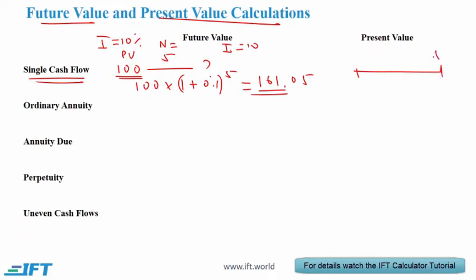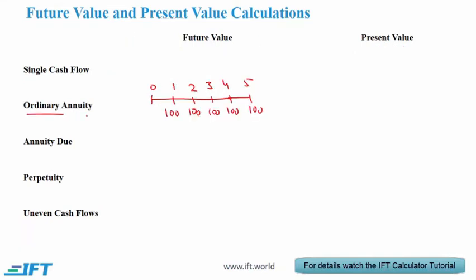So let's say at the end of 5 years, we have 161.05, and we want to calculate the present value at time 0. So using a calculator, we can plug an interest rate of 10%, n is equal to 5, future value is 161.05. There are no payments in between, so we set payments to 0, and then when we calculate the present value, we will get 100.